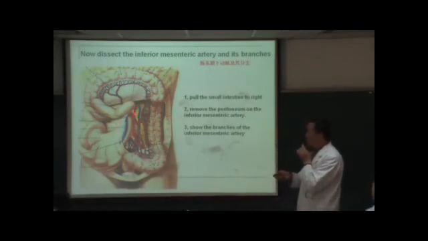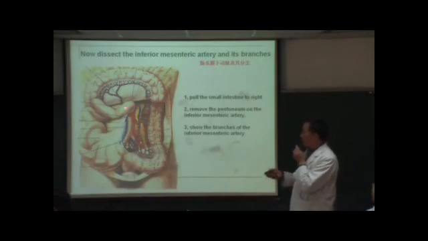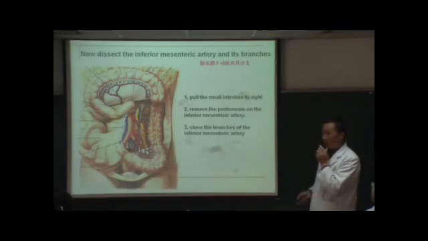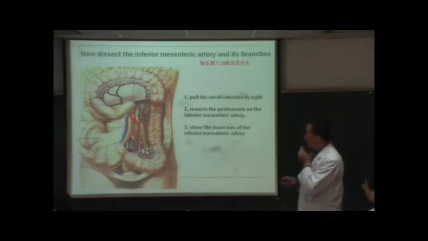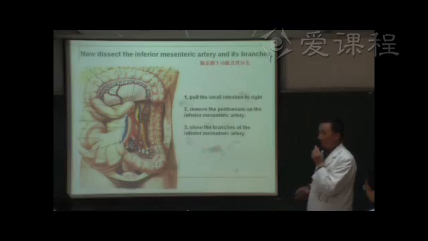You can see a fold in this region. Beneath the fold is the inferior mesenteric artery.